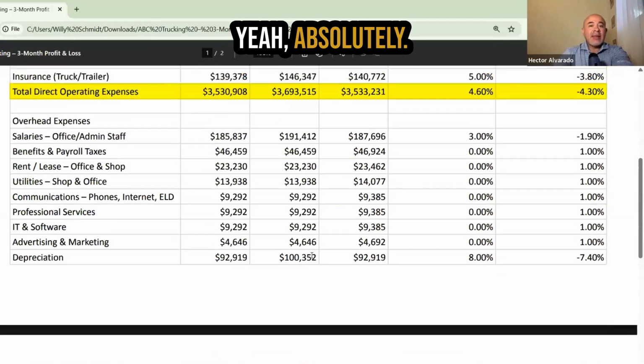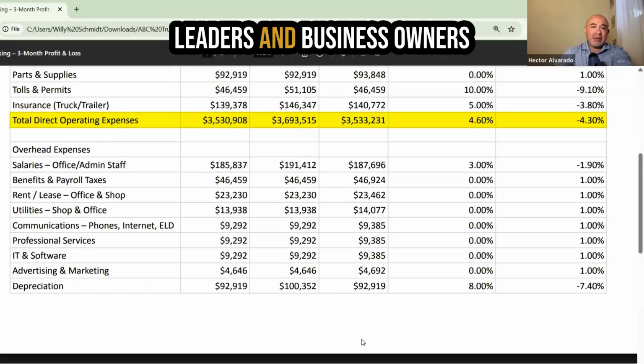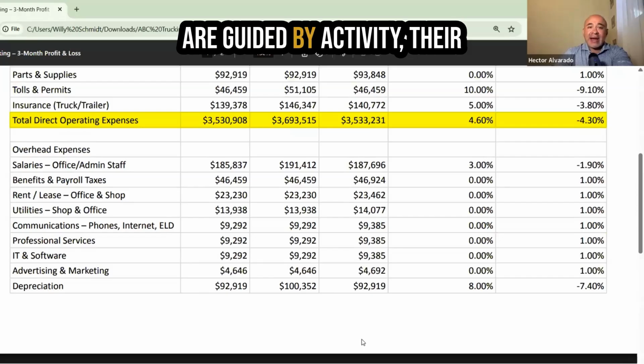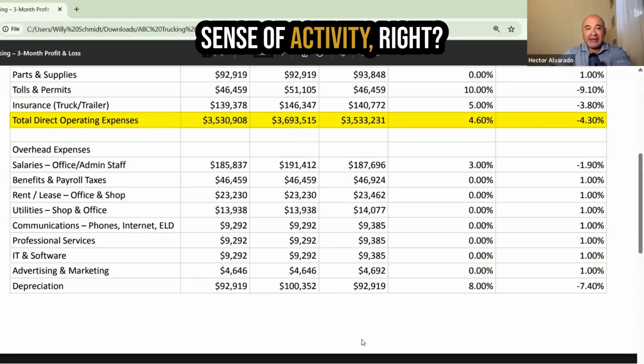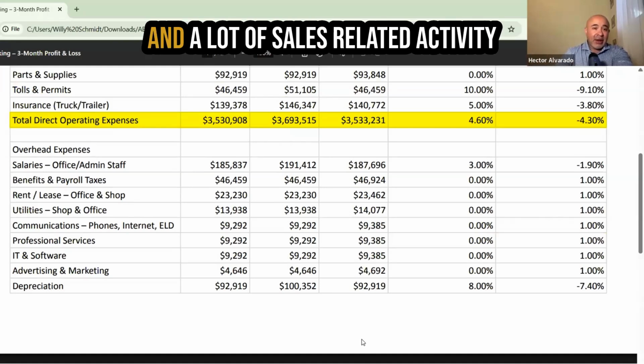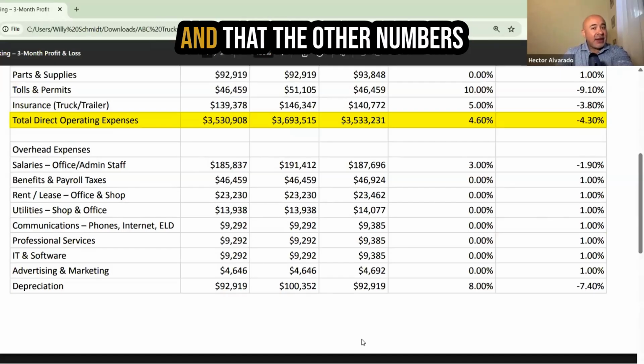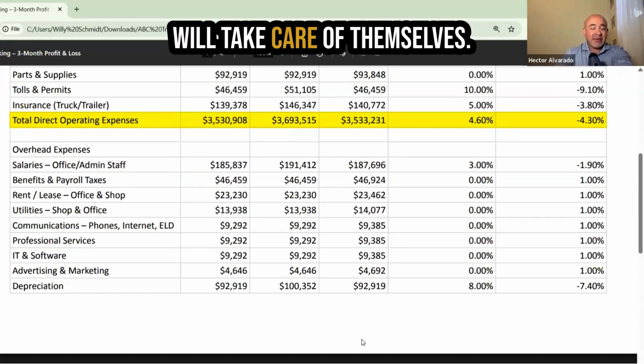Yeah, absolutely. And that's generally because department leaders and business owners are guided by activity, their sense of activity, right? If there's a lot of people moving and a lot of sales related activity or revenue activity, you believe that you're doing the right thing and that the other numbers will take care of themselves.